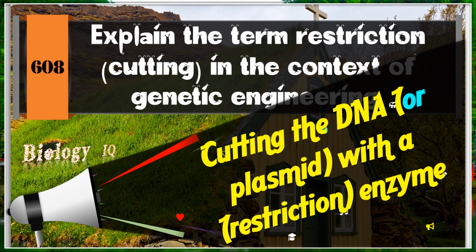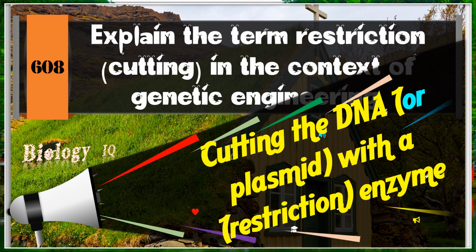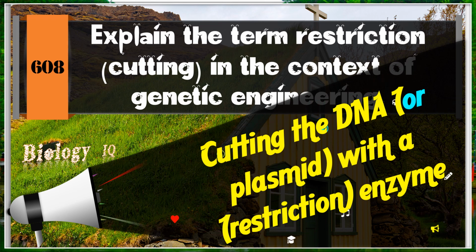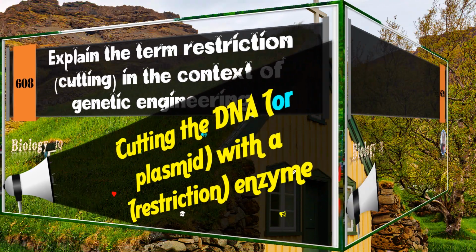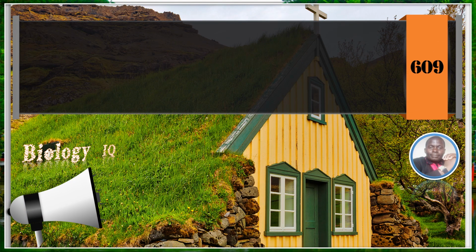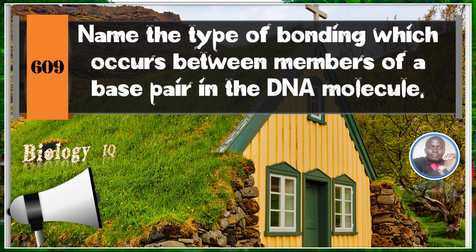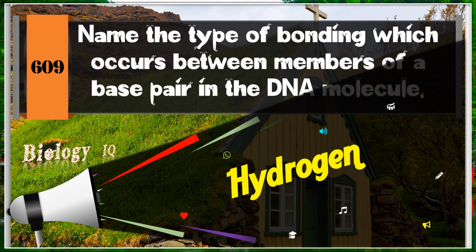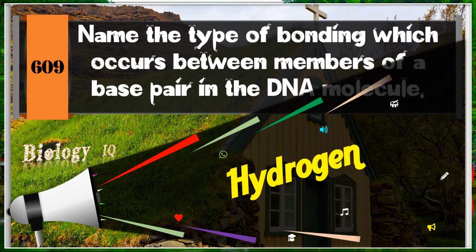Cutting the DNA or plasmid with enzyme. Name the type of bonding which occurs between members of a base pair in the DNA molecule. Hydrogen.